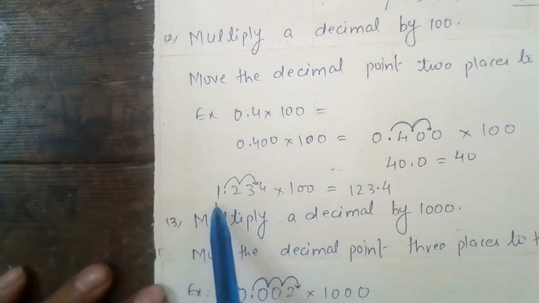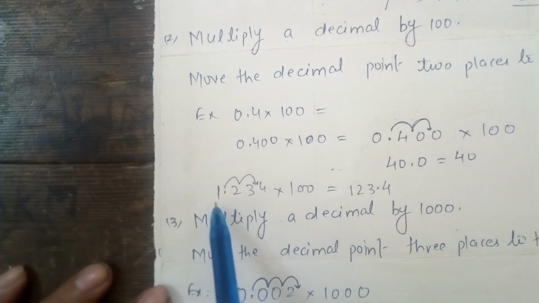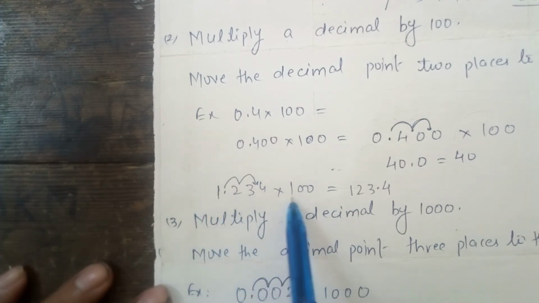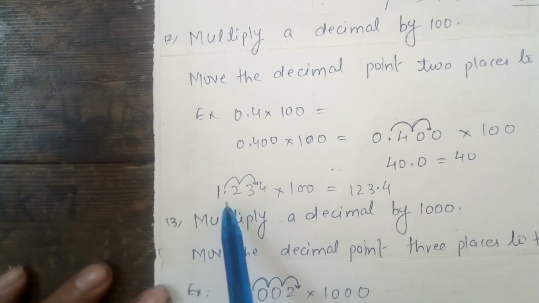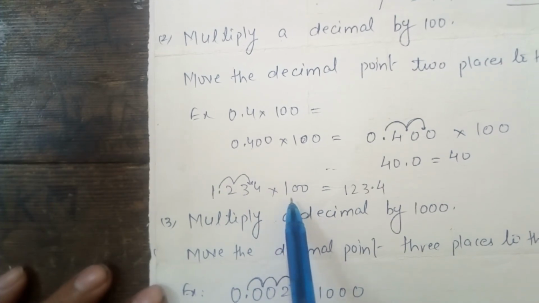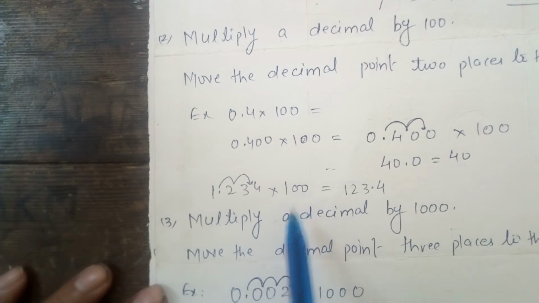Your next question is 1.234 into 100. In 100, the number of 0s is 2. So what will we do? We will move the decimal point two places to the right. How? Look here.